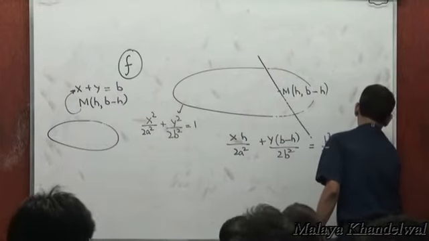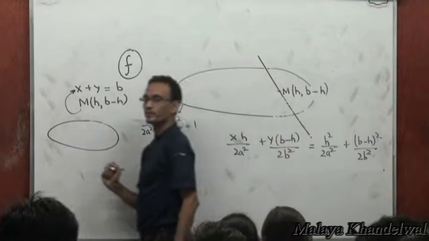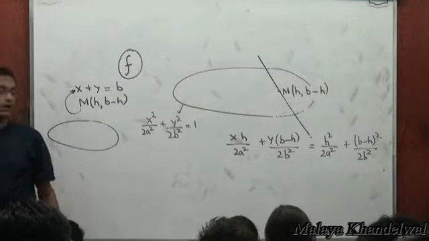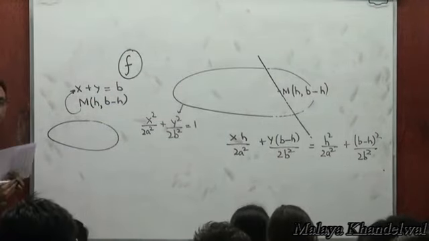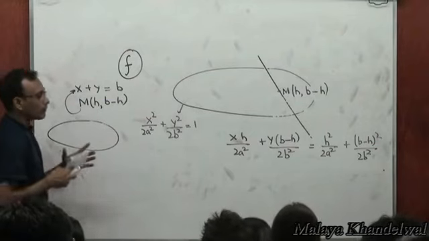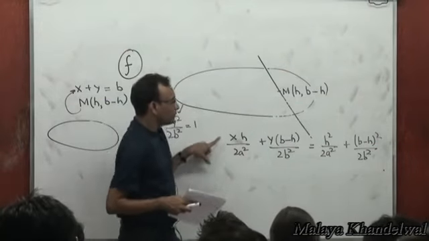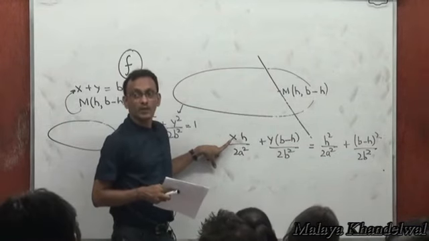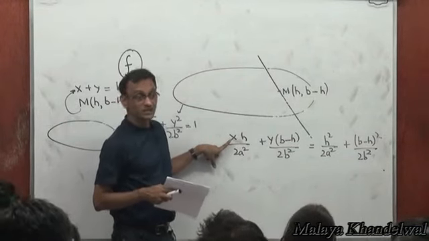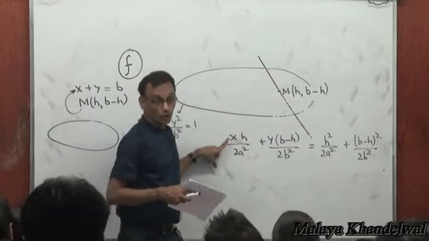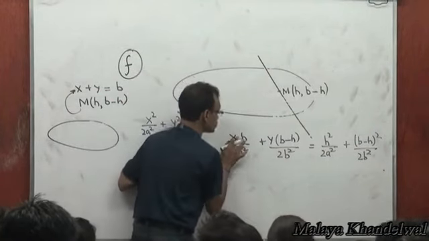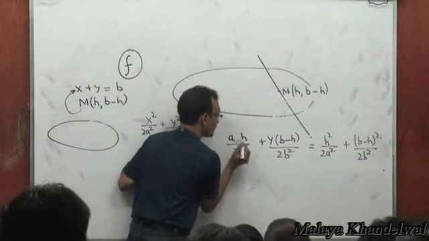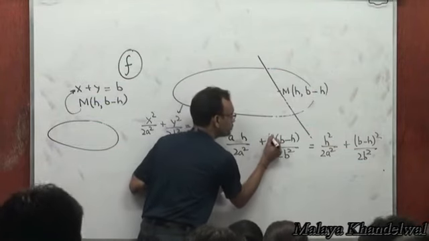Yes or no? But this will pass through a comma minus b. This is known to pass through. Both these chords will pass through a comma minus b. So put x equal to a and y equal to minus b.